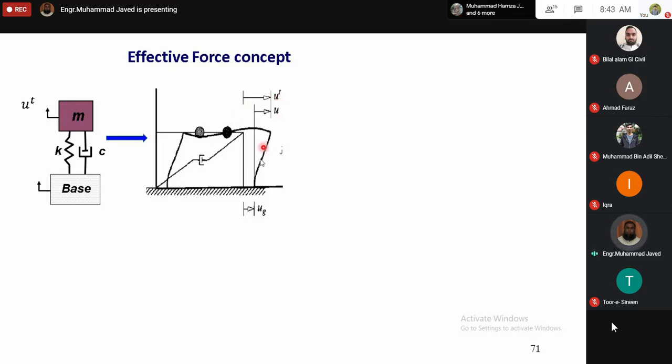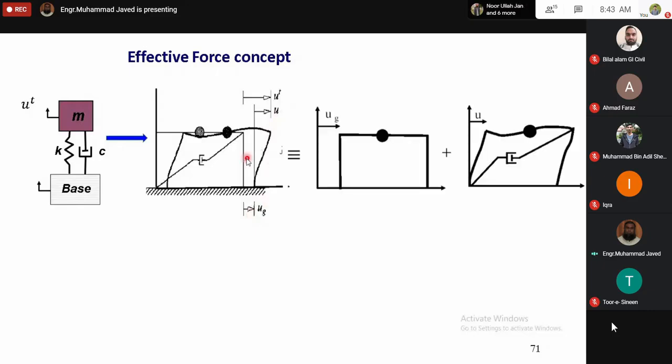You can see that in this case UT can be written as U plus UG, UG which is constant across the height and U which varies across the height.